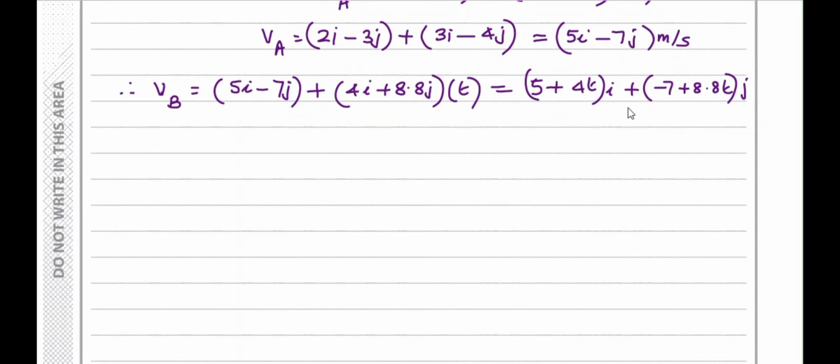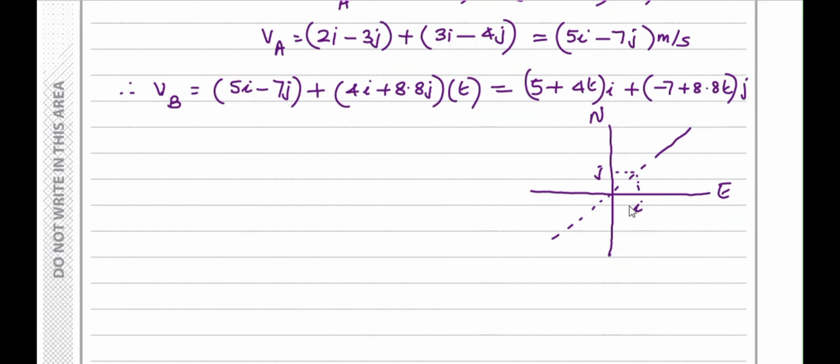Perfect. Now we need to use the fact that at B, the velocity direction is northeast. Northeast means, so it is perfectly like y is equal to x. This is north, this is east. Northeast means on this line, every point will have i equal to j.